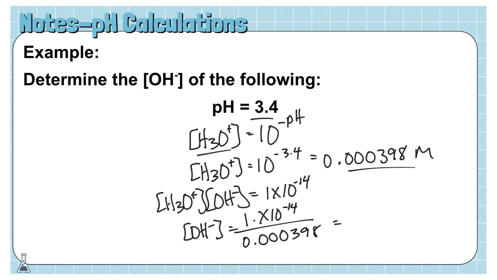Put that in my calculator, being careful of parentheses. Make sure I get the number of zeros. And I'm getting an answer of 0.25, I will round it to, times 10 to the negative 11th. And it's a concentration, so it's molar.